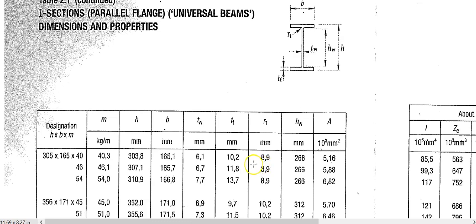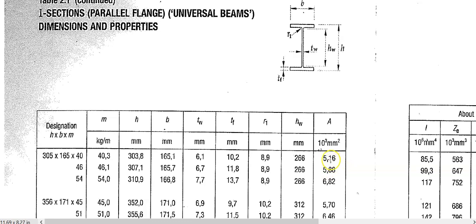Okay, I'm not going to explain everything. Importantly to us, H is important, B is important, TW, TF, and then the cross-section area of the section is 5.16 times 10 to the power 3 millimeters squared. Can you see that heading there? So I can either record the area as 5.16 times 10 to the power 3 millimeters squared, or I can just say that this section is 5160 square millimeters.